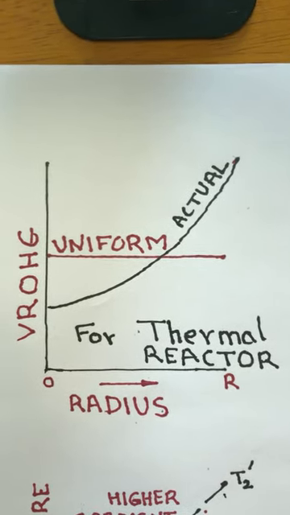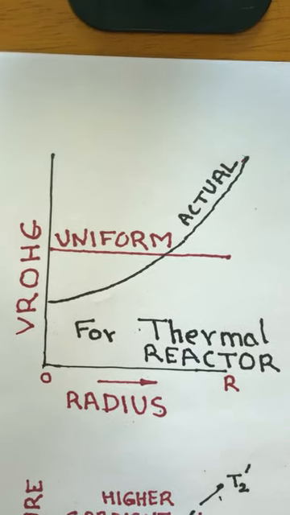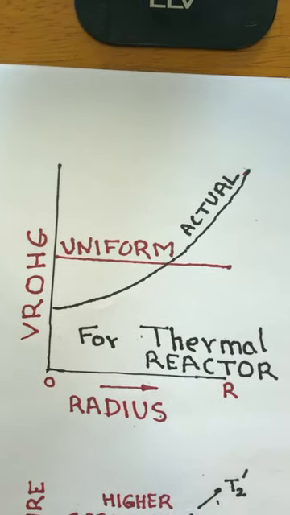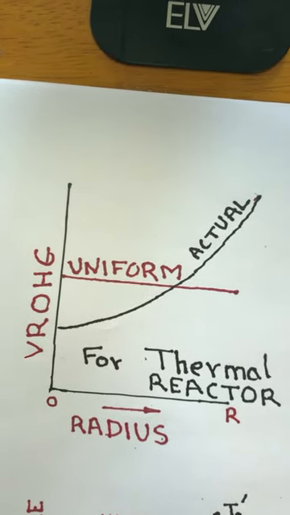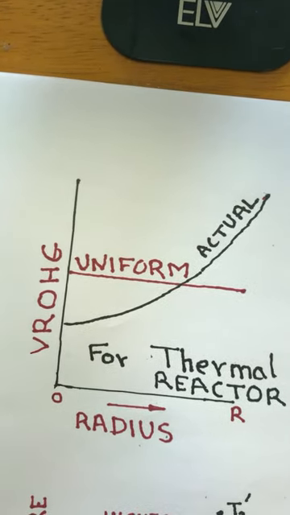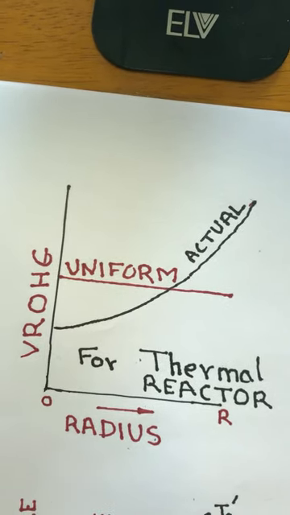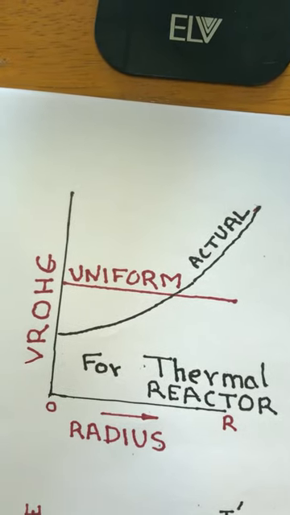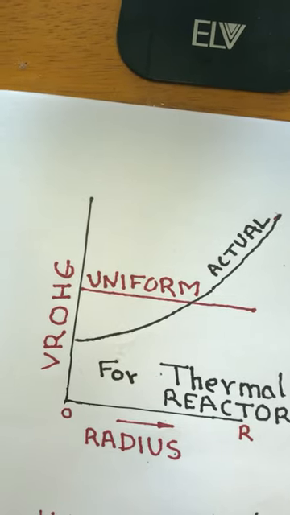In this figure, we will see how this assumption of uniform volumetric rate of heat generation looks as compared to the actual volumetric rate of heat generation. So we see, as we move along the radius, near about the center, the uniform VROHG is much greater than the actual VROHG.